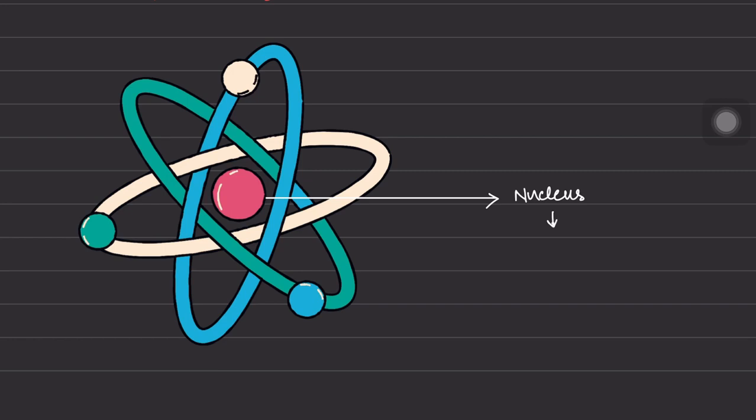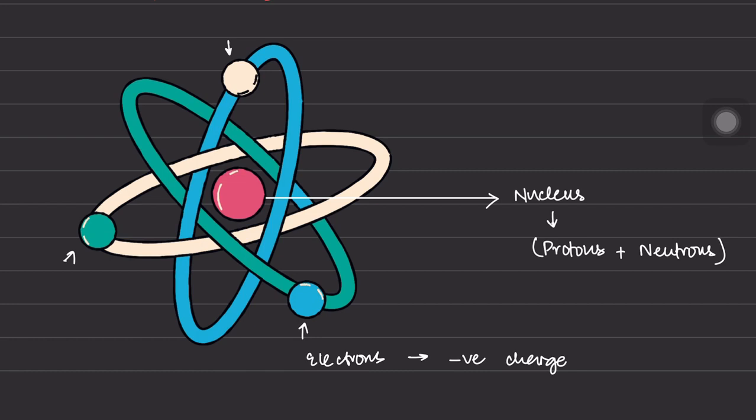Inside the nucleus we've got positively charged protons and neutrons, and these particles right here are called electrons, which carry a negative charge.